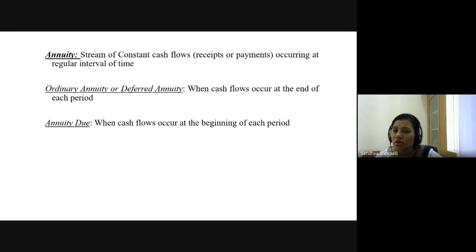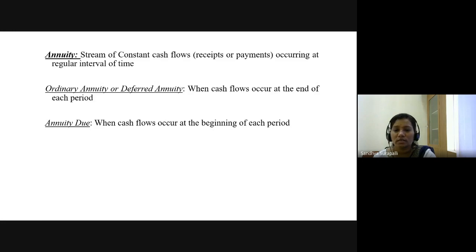Stream of constant cash flows, either receipts or payments, occurring at regular intervals. Regular interval means yearly once, monthly once, weekly once, 6 months once. The time gap between two cash flows should be the same. This year you paid in January, so next year also in January. Then after that also in January.